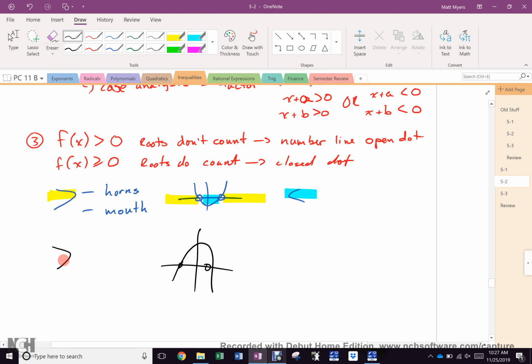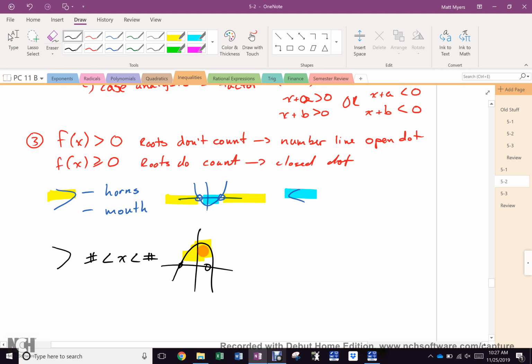If it's greater than, it's going to be number less than x less than number.